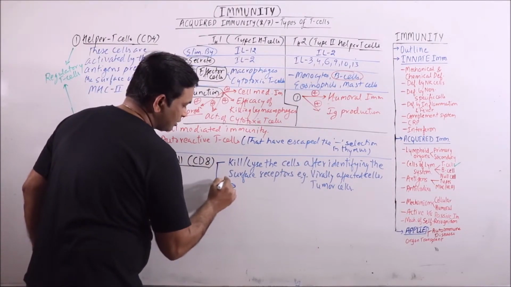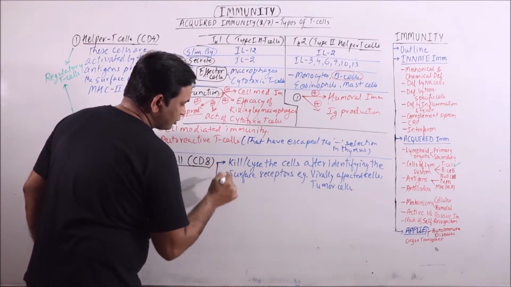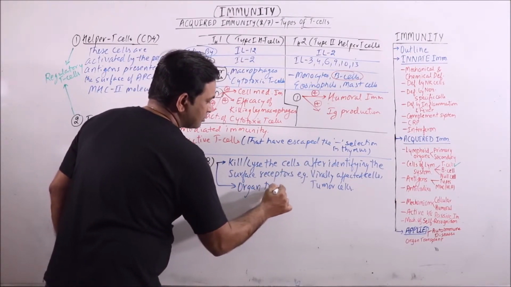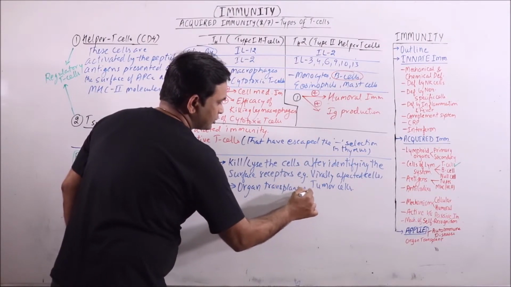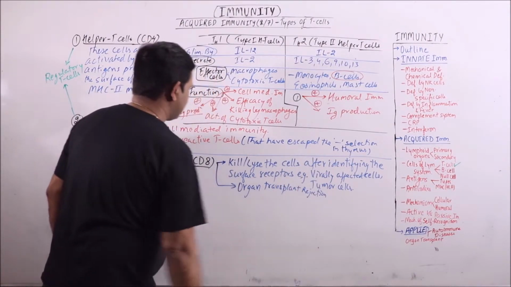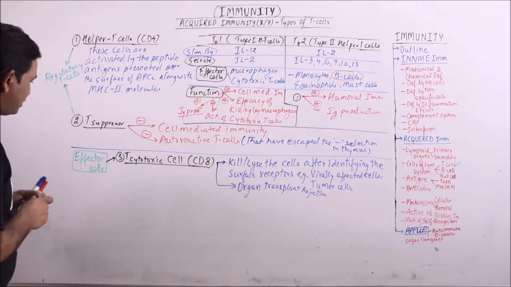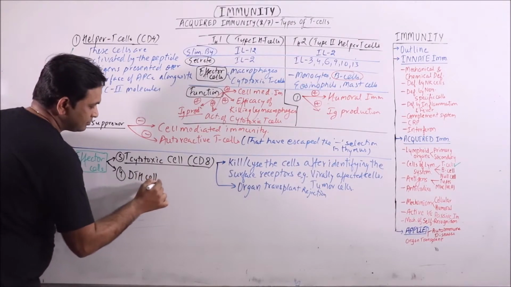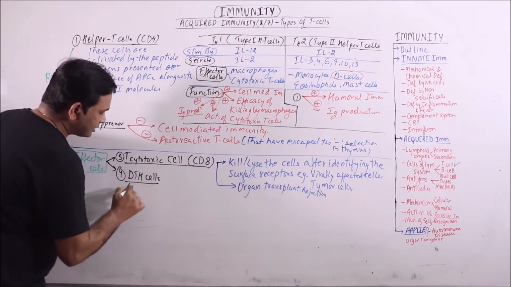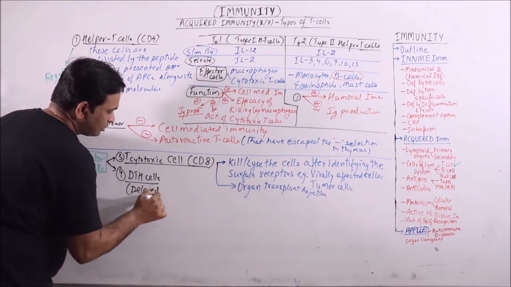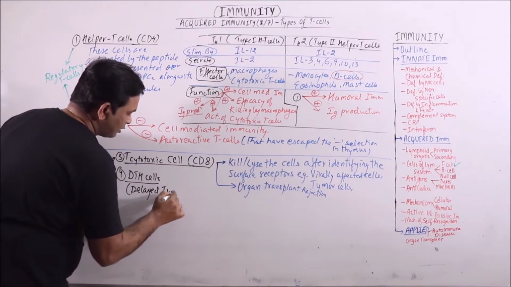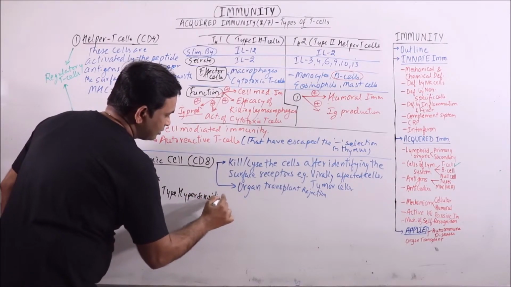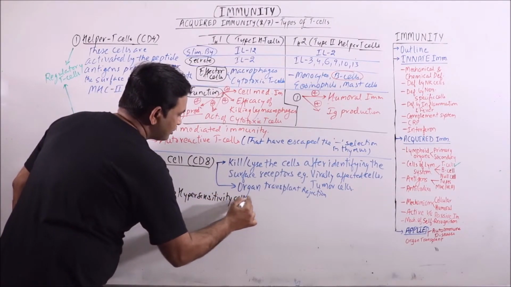Another role of cytotoxic T cell is in organ transplant rejection. Second type of effector cell is DTH cell. These DTH cells are delayed type hypersensitivity cells.